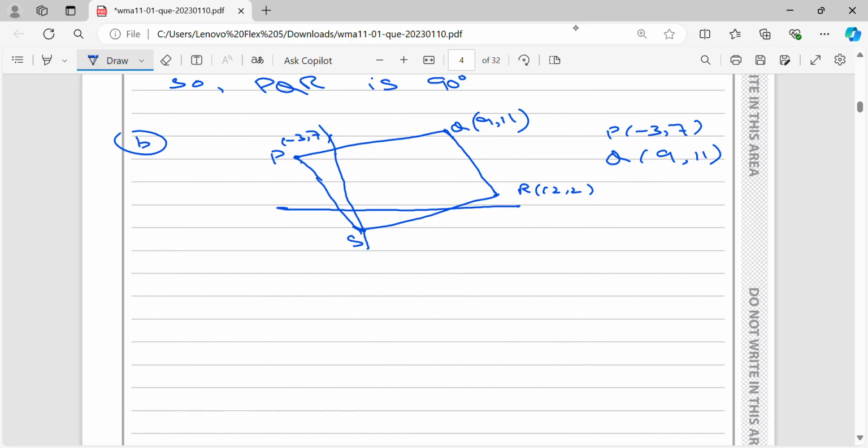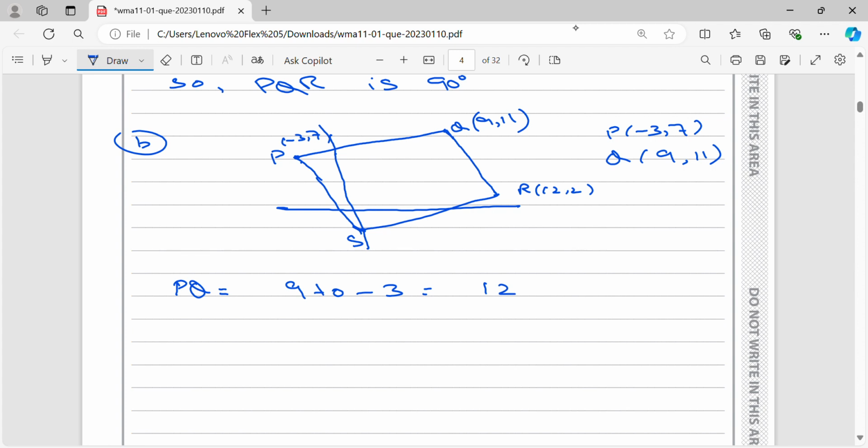One is we can look at the given coordinates and we can see the distance between them. So if I look at the given coordinate PQ, from 9 to -3, the distance here is 12.